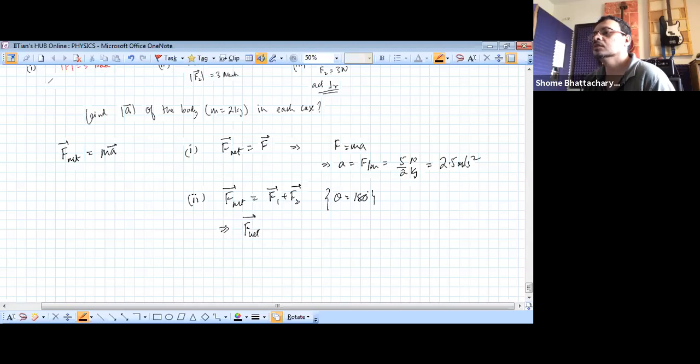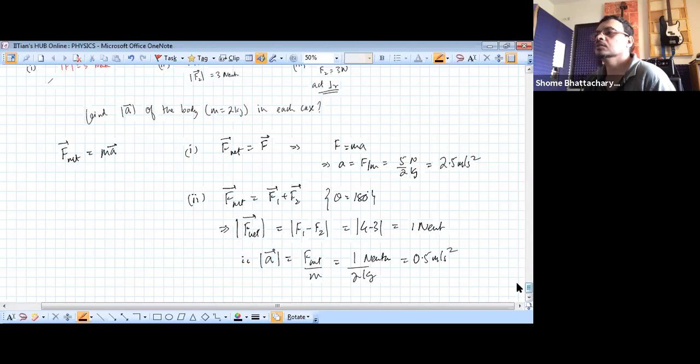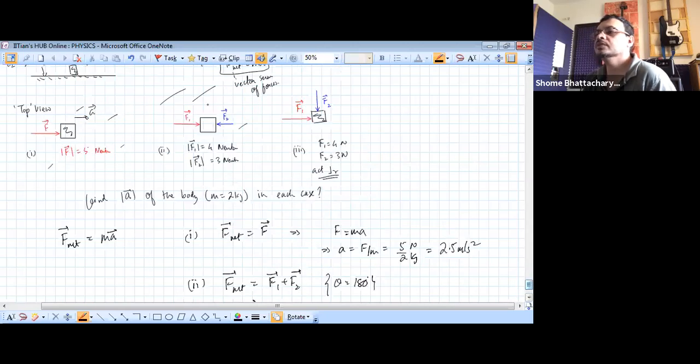So the magnitude of the net force will become the mod of F1 minus F2. So 1 newton. The acceleration's magnitude will be the magnitude of net force divided by mass, 0.5 meters per second square. So here also you can see that F1 dominates over F2. So the acceleration will be along F1. This will be the direction of acceleration.